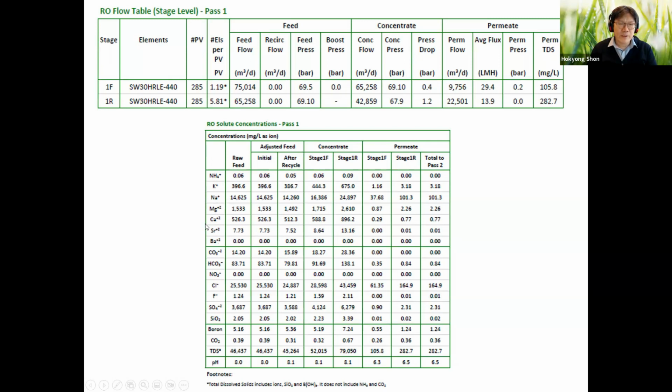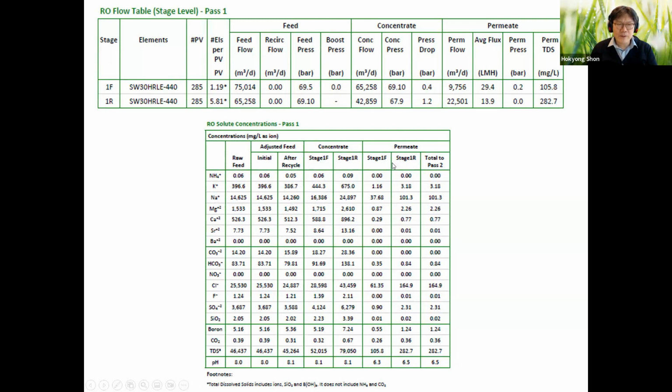For example, your sodium chloride concentration is 14,000. After pH adjustment, same. Concentrate, you have 16,000. And then you have a permeate of 37.68, so 68 milligram per liter.